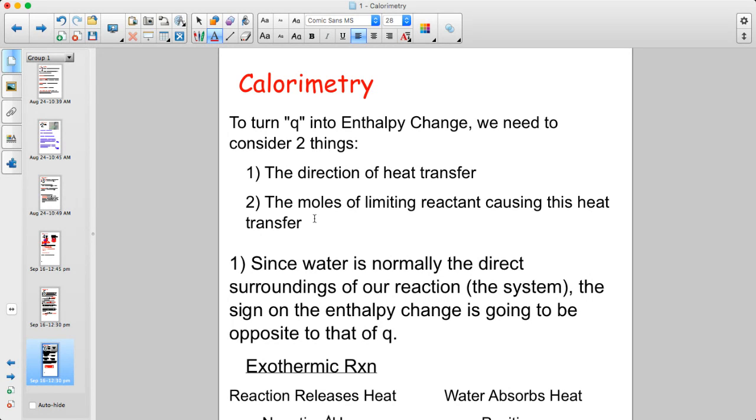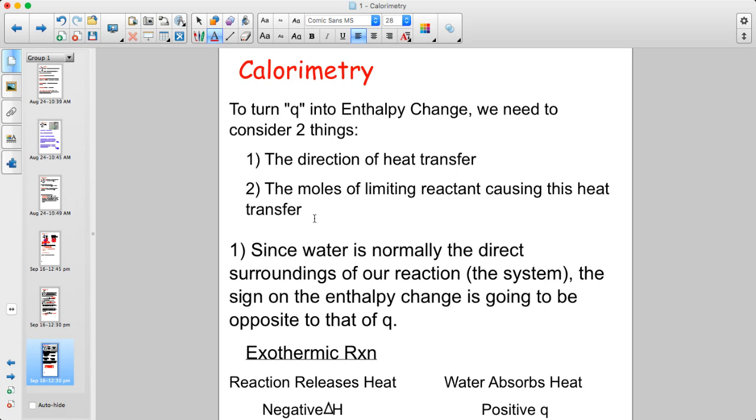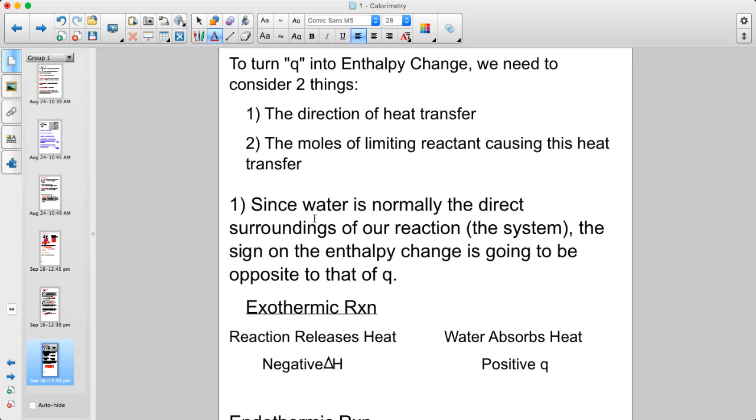That's important because if I burn 1 gram of fuel versus burning 100 grams of fuel, obviously burning 100 grams of fuel is going to give out a lot more energy. So usually we don't care just about the total heat. We usually care about the amount of energy per mole that gets released, because that's what tells us more about that given reaction. Is it a reaction that releases a lot of heat energy per mole, or only a little bit of heat energy per mole?